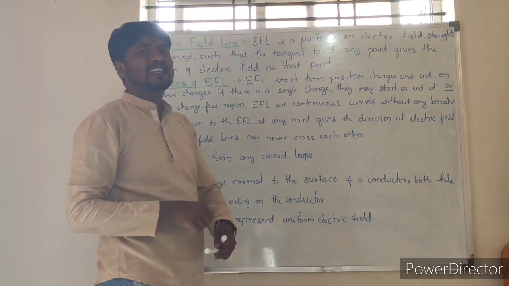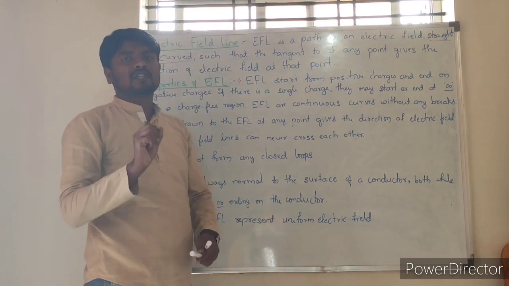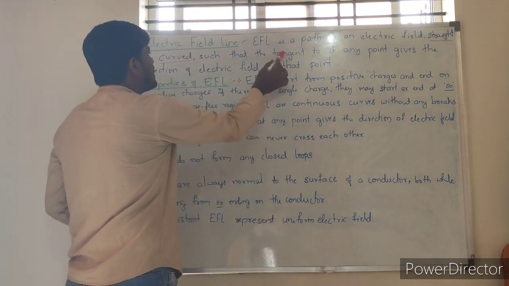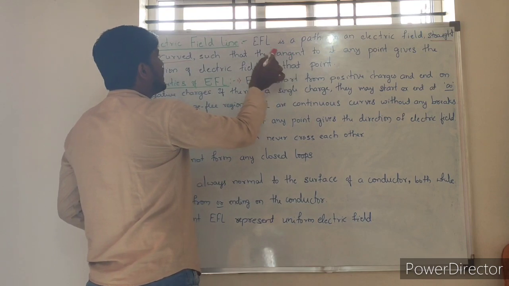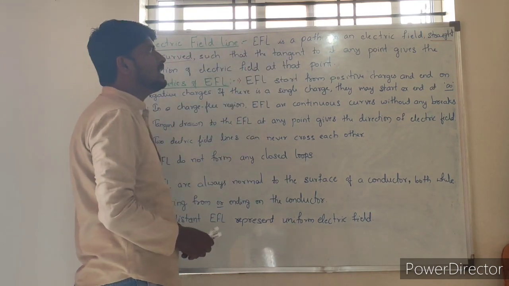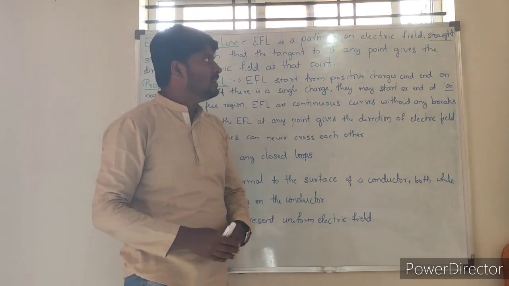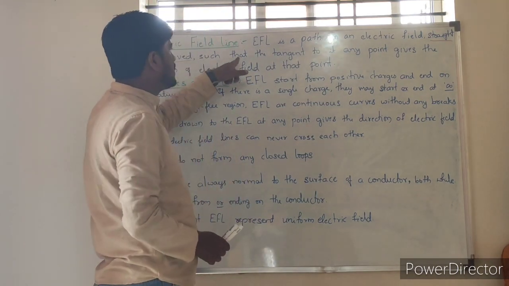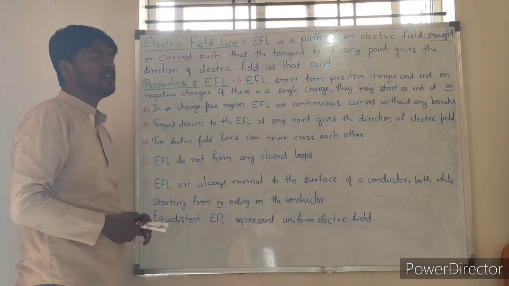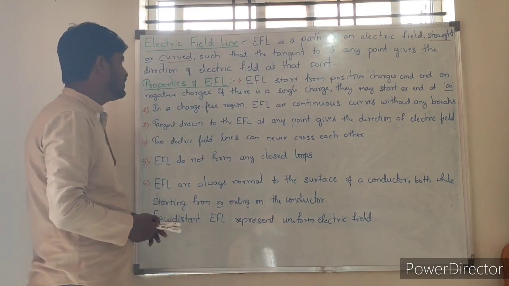Already we know that tangent means the line which touches only one point of the arc. So draw the tangent, and the direction of the tangent will give the direction of the electric field. So that is why an electric field line is a path in an electric field, straight or curved, such that the tangent to it at any point gives the direction of the electric field at that point.